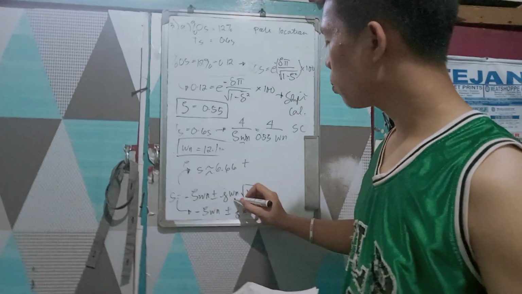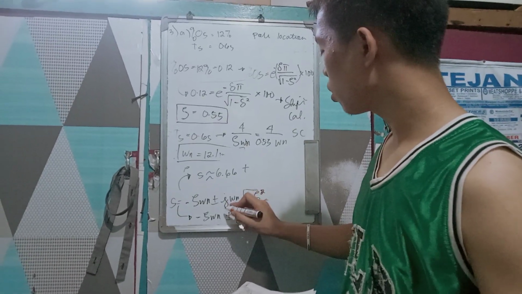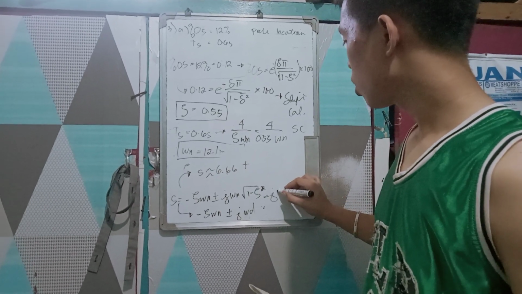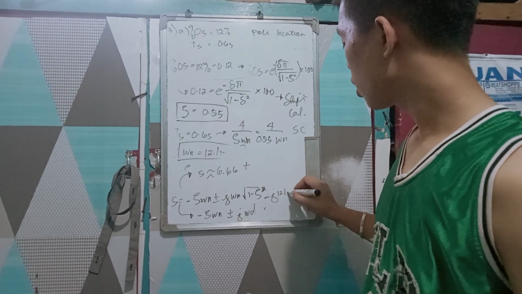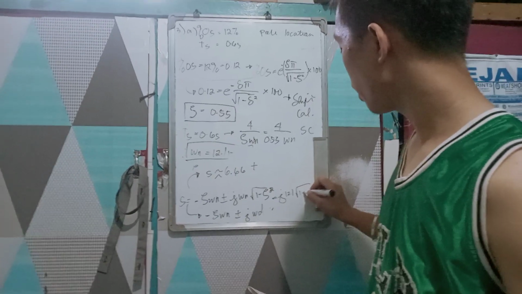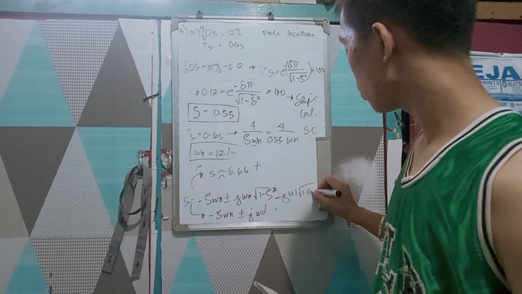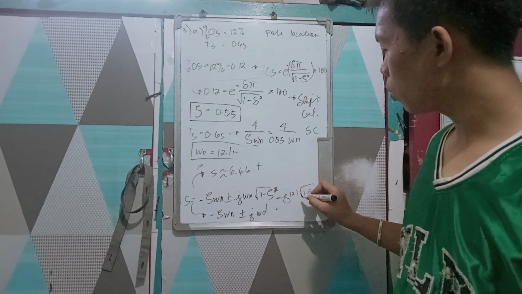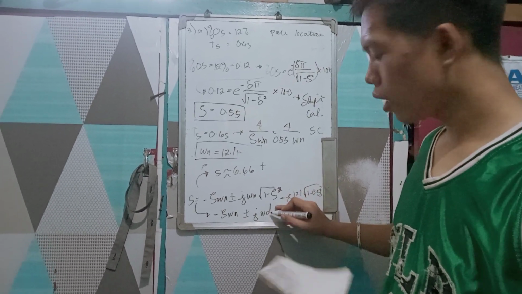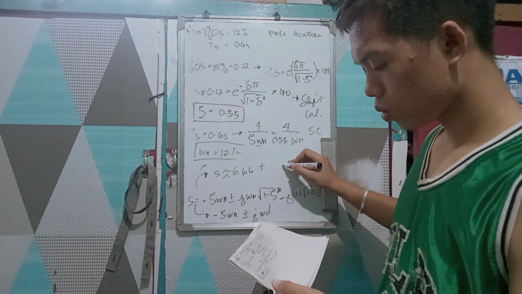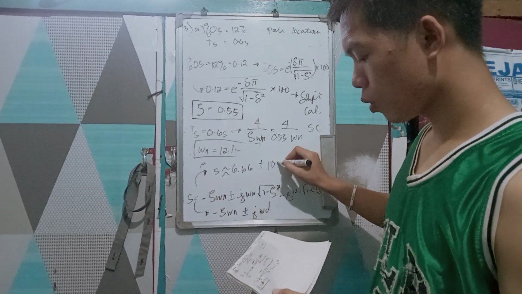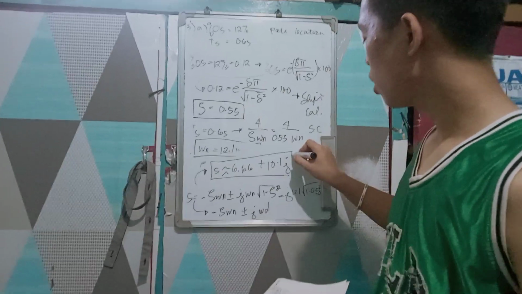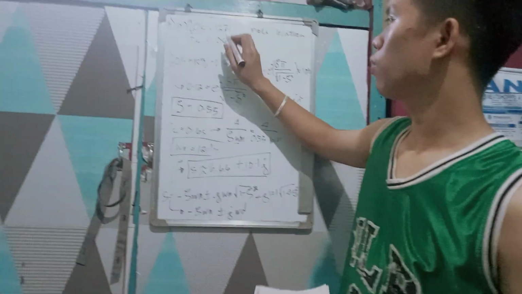If we try to input, so we have j, our WN is 12.1, then square root of 1 minus damping ratio, which is 0.55, squared. That will be equal to 10.1 j. So this is the pole location for this given problem.